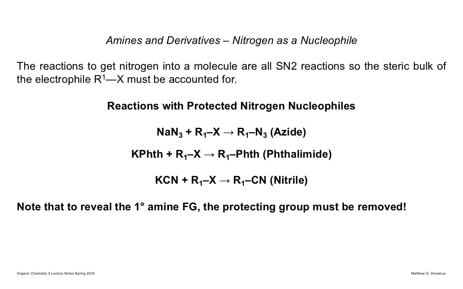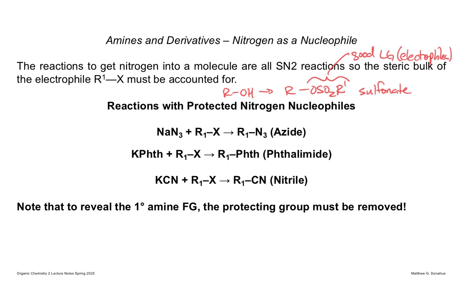And we saw from the reactions to make ethers, we could take an alcohol, then make this sulfonate, where this was a good leaving group. And so we can use those as electrophiles and then treat them with any of those three reagents.